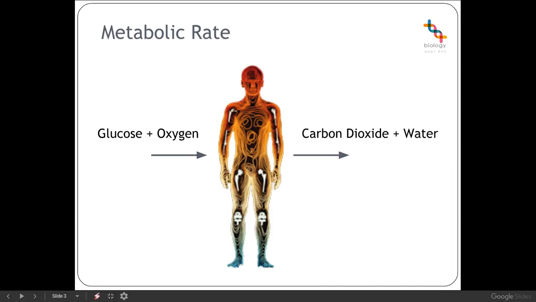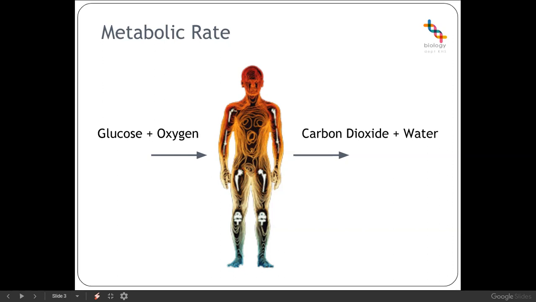So metabolic rate itself is the quantity of energy used by the body over a given time. And that can be measured in kilojoules or kilocalories. That particular measurement is taken from the fact that all of the reactions within a cell are using or providing energy.